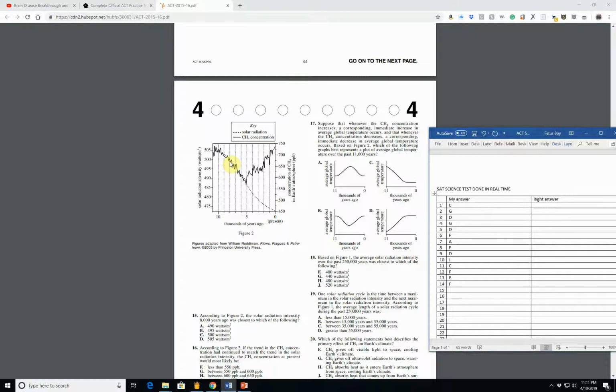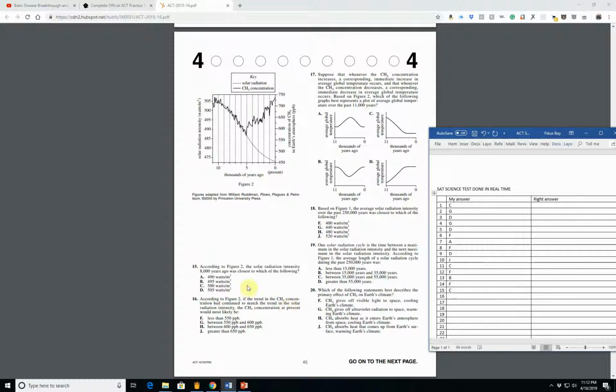Between 495, looks like about 498 or so, 499. Okay. So, a little closer to 500, so I'm going to go with C. Yeah, that's definitely not closer to 400 or 500 times than 495.